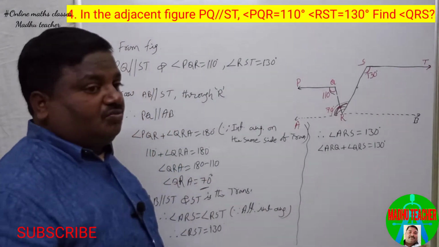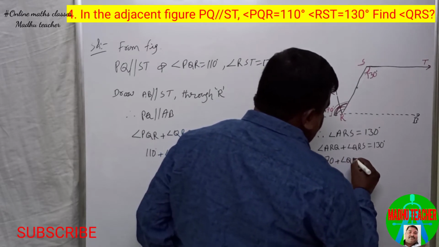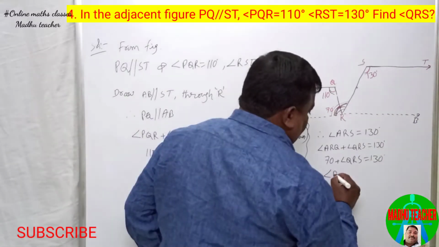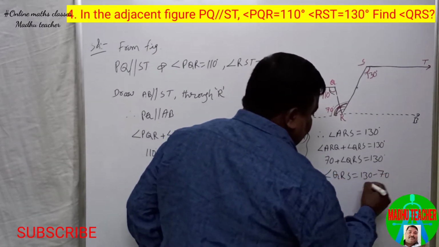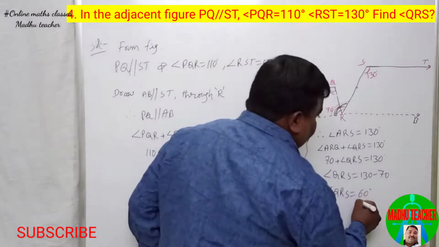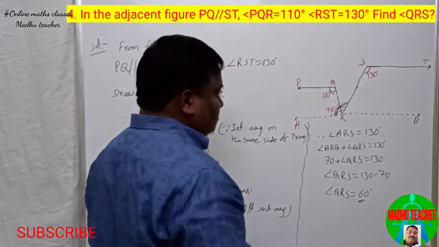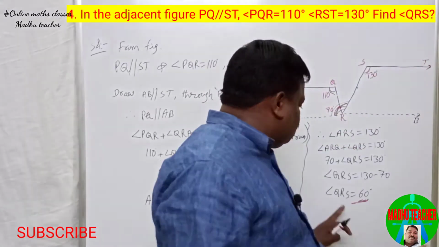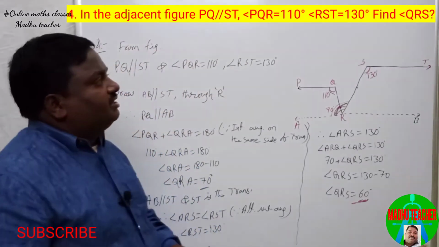ARQ or QRA, both are the same. 70 degrees plus QRS equals 130 degrees. Angle QRS equals 130 minus 70, so angle QRS equals 60 degrees. What is the question? Find QRS. That only we got: angle QRS equals 60 degrees.